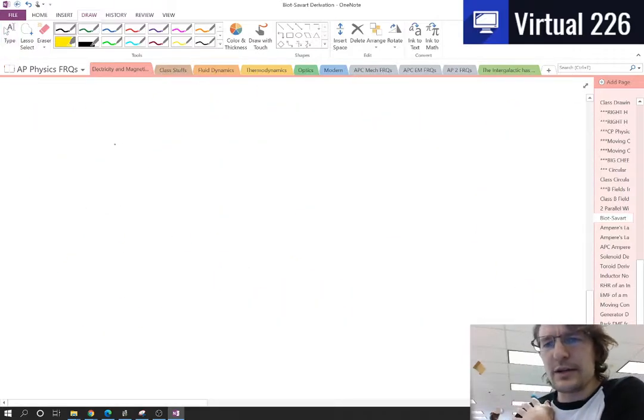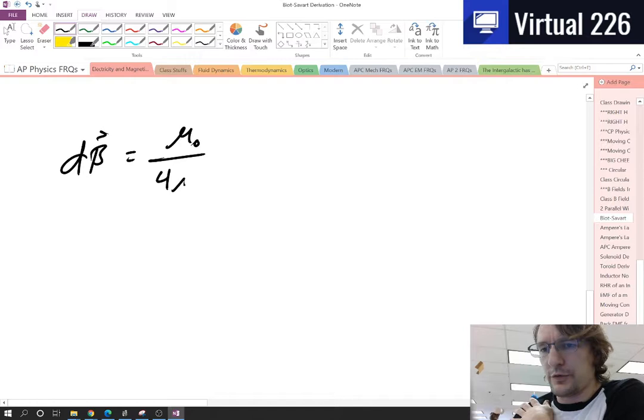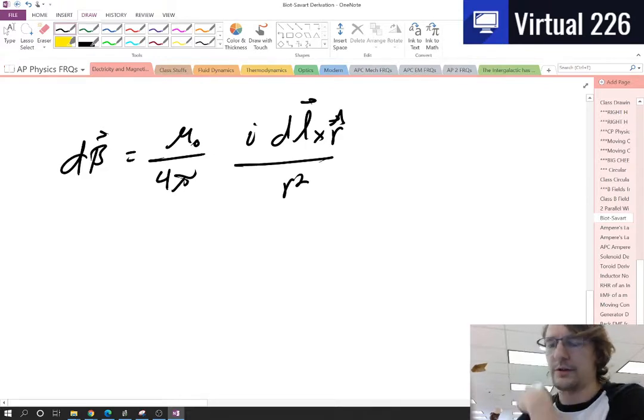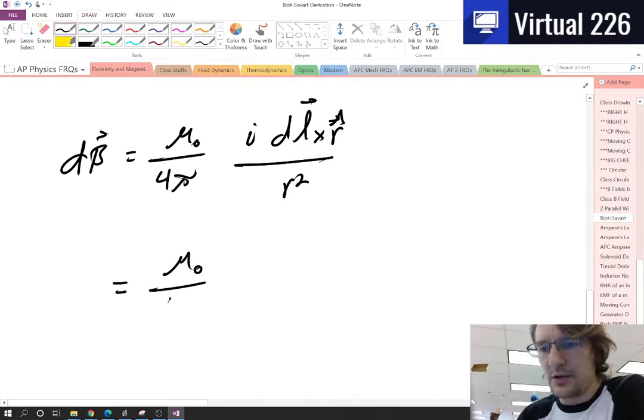If we take a look at a loop here, we still have the same equation, that the individual B fields are equal to mu naught over 4 pi, and then this is I dl cross r hat, over r squared. And as we saw previously, we're going to get mu naught over 4 pi times I, and we take this cross product here.